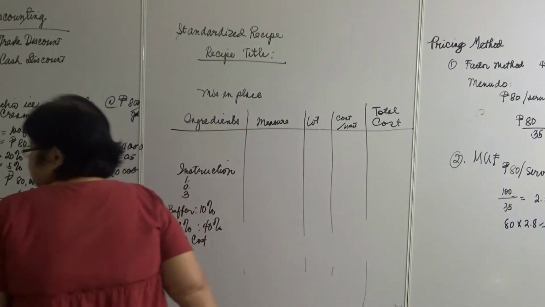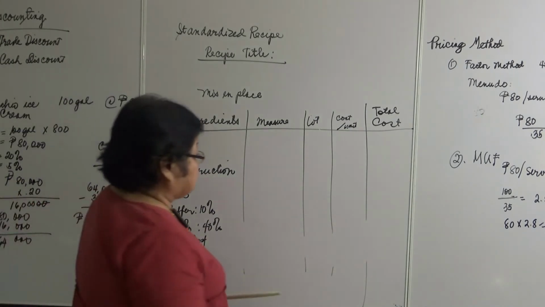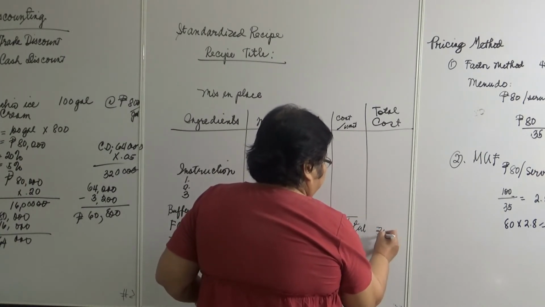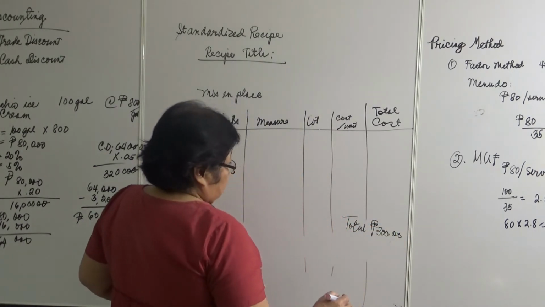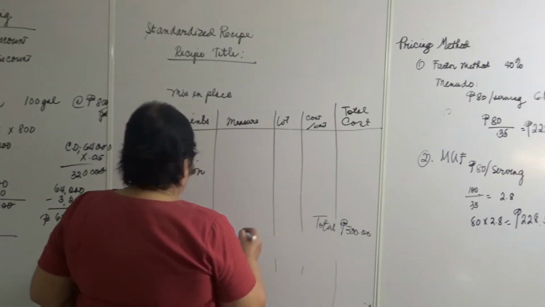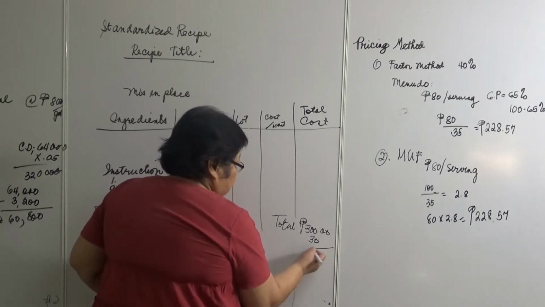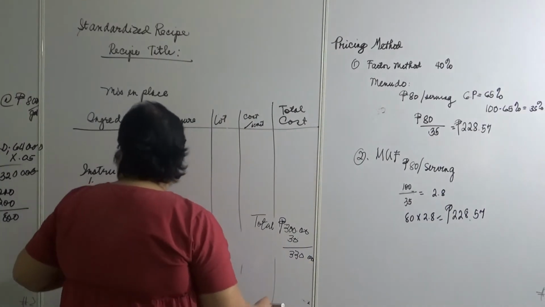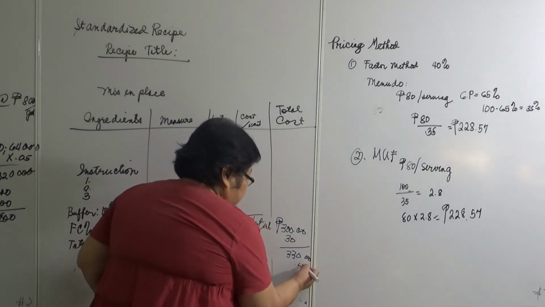Let's say for instance, the total is 300 pesos for let's say 6 people. Add 10%, that would be plus 30, 330, and then add another 40%, so 0.40.